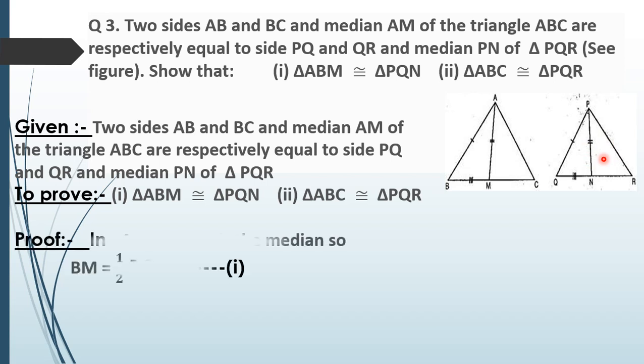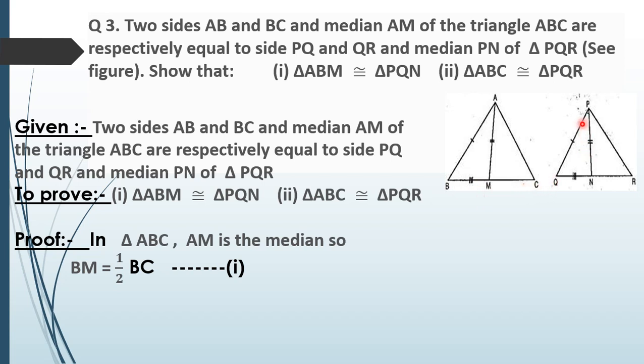So let's prove this. First, we know that in triangle ABC, AM is the median. The median is a line segment which joins the midpoint of the side to the opposite vertex, that is, M is the midpoint of the side BC. So we can write this side BM is equal to half of BC.